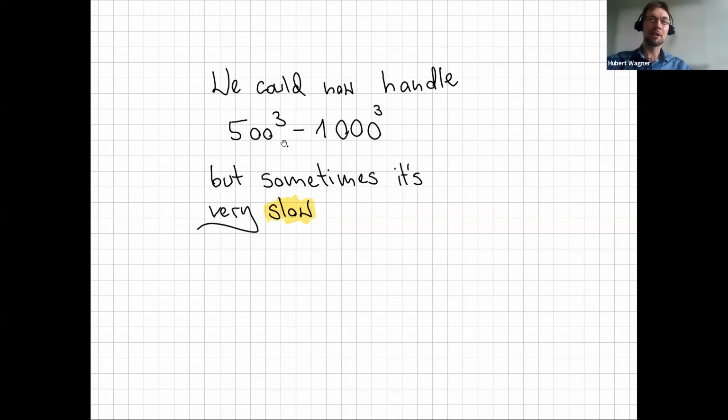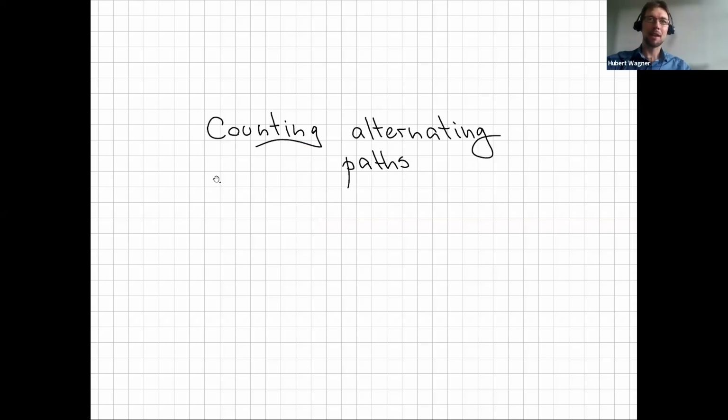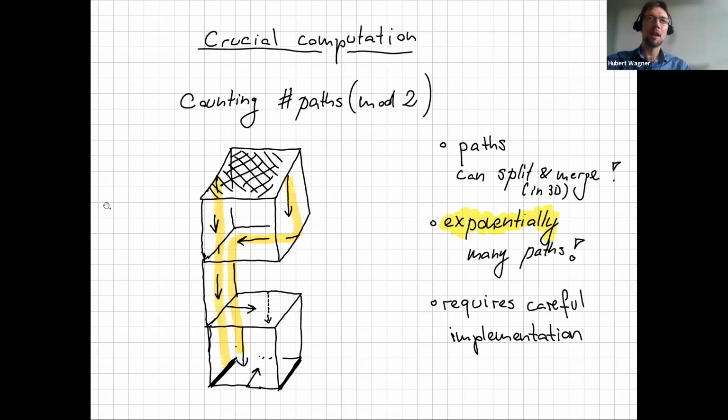But like I said, if you're not careful, this could still be very slow. And one crucial observation is that this seemingly simple idea of counting those alternating paths can go really wrong. It turns out that in cubical complexes in dimension 3, you can have complicated behavior of those paths.